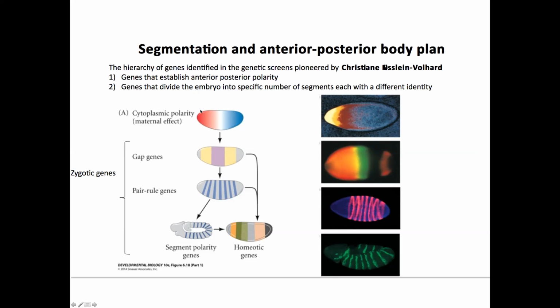Now, the cells at the most anterior end will turn on target genes which have probably enhancers with the weakest affinity for bicoid.